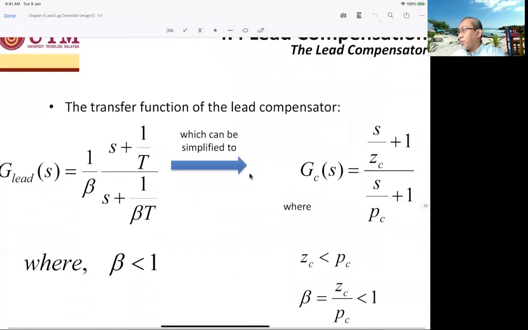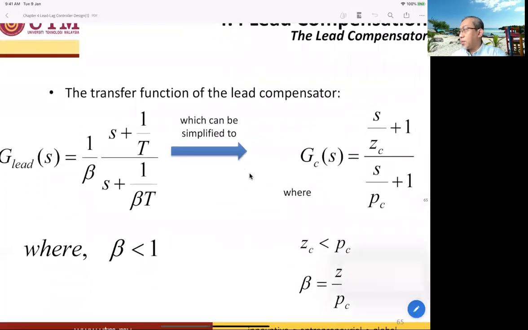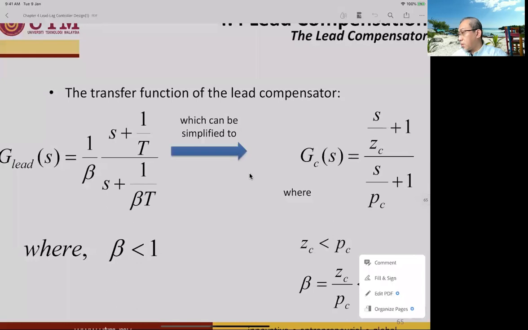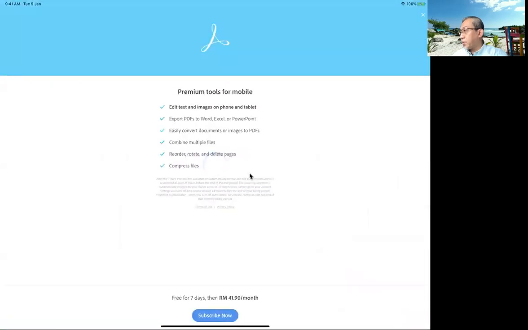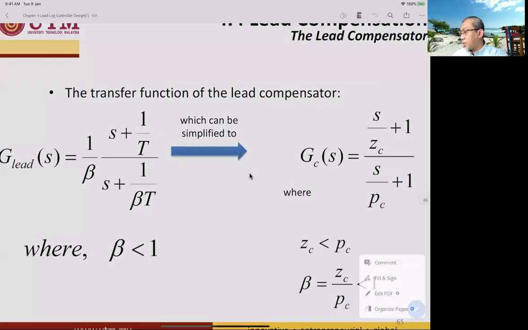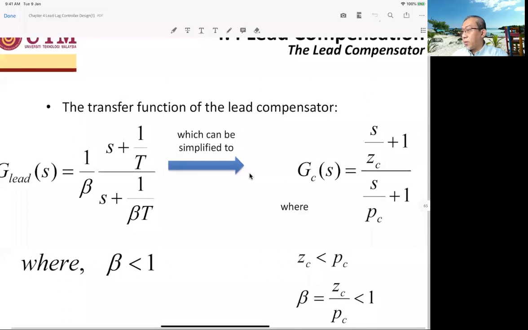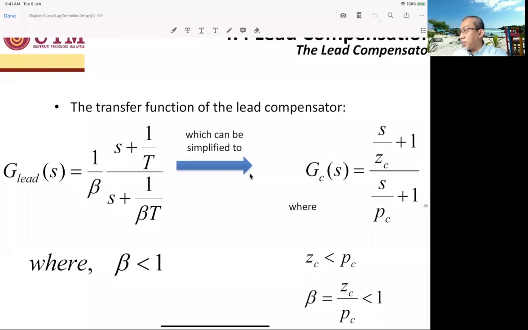So the formula for lead compensator is shown here, where you have G lead. Lead meaning leading.